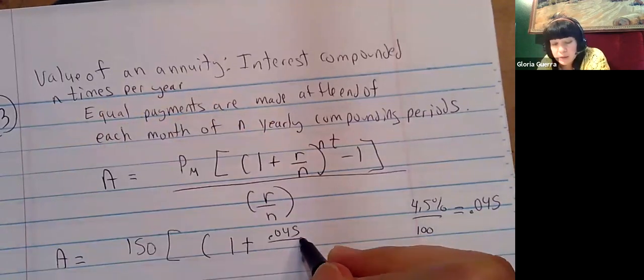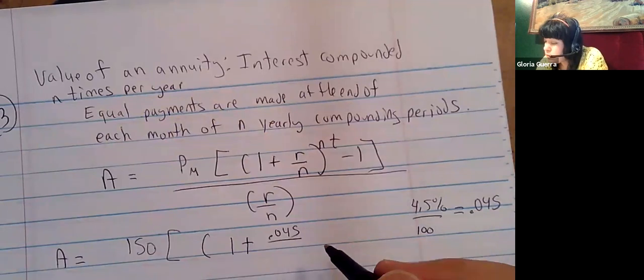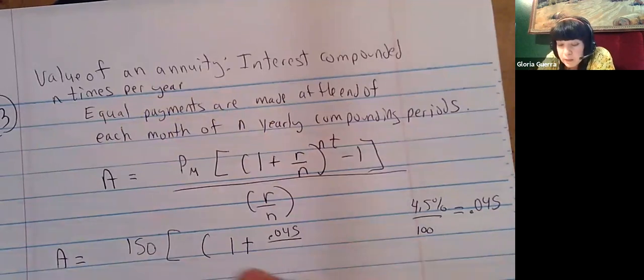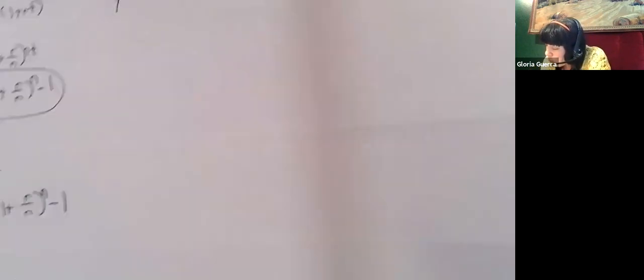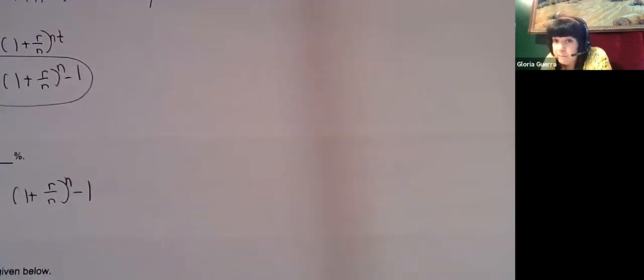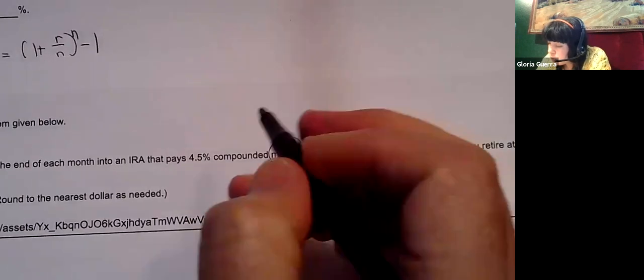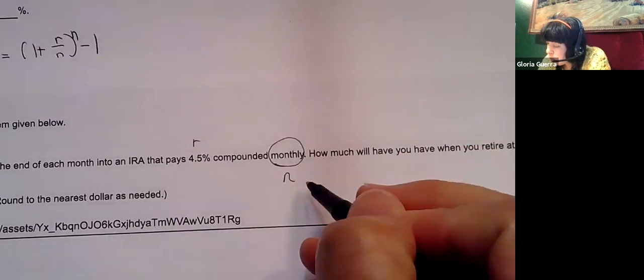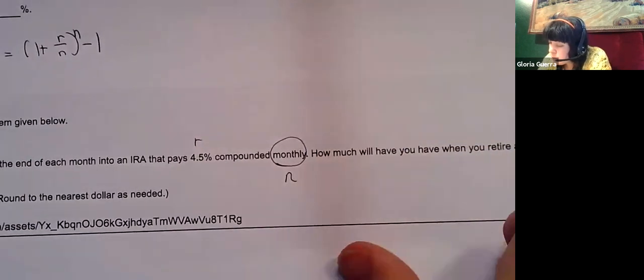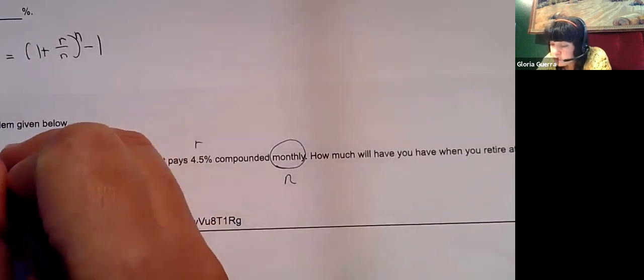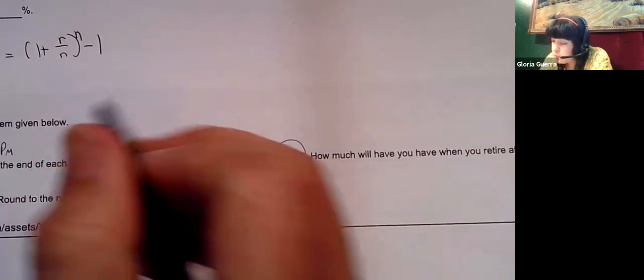As far as my N goes, N is 12, because it says monthly. So there's your R, and N is monthly, and this was your P sub M, 150.